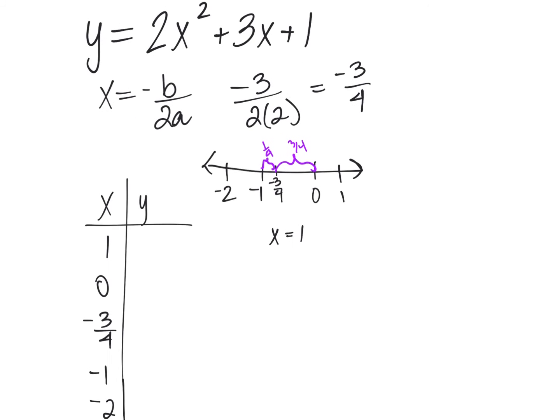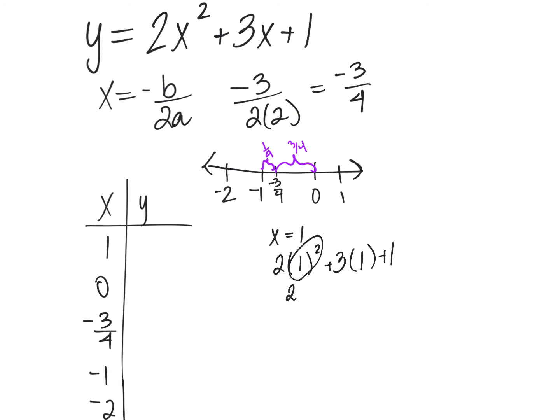We're going to plug in x equals 1. 2 times 1 squared plus 3 times 1 plus 1. Exponent first. 1 squared is 1. 1 times 2 is 2. Plus 3 plus 1, 6.